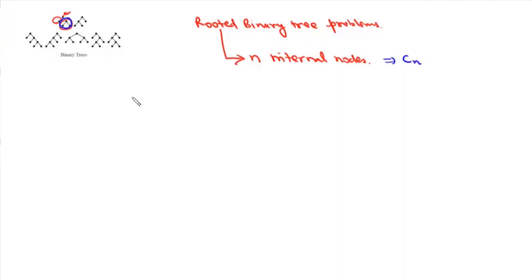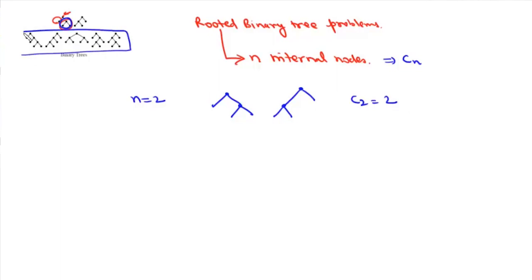So if we take n as 2, then it will be this one or this one. In this case it will be equal to C2, and C2 is 2. And if we take n as 3, then we'll have 5 cases, which is your C3.